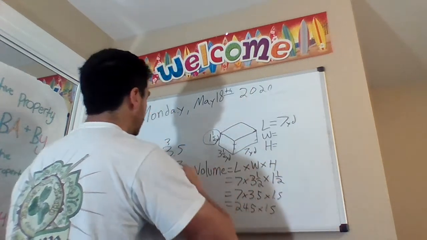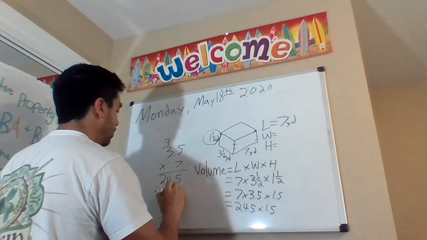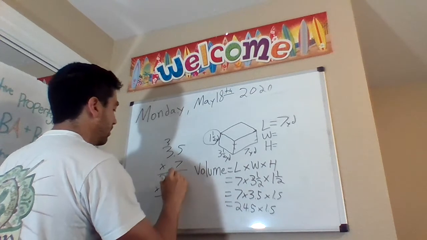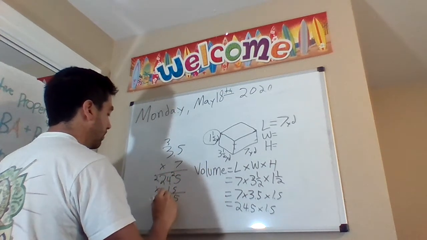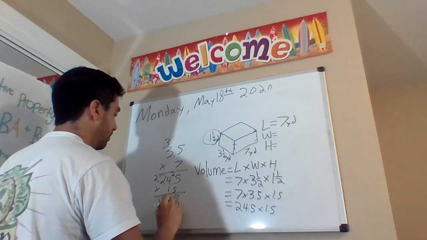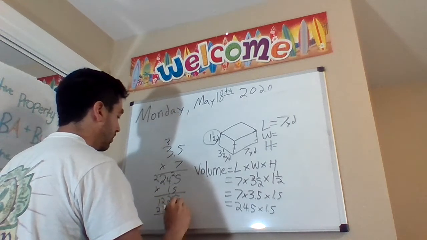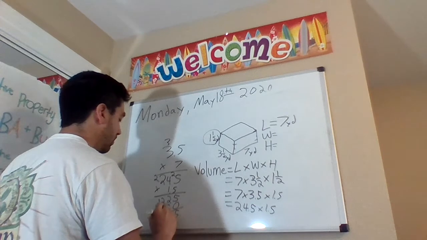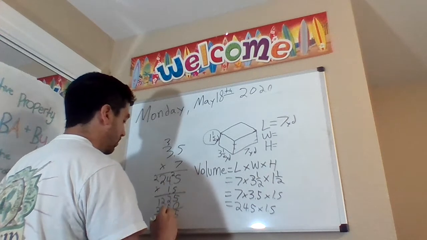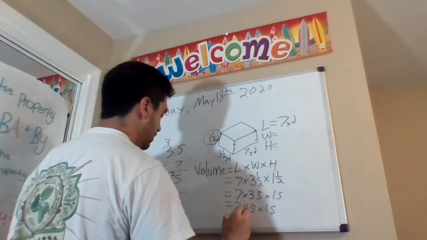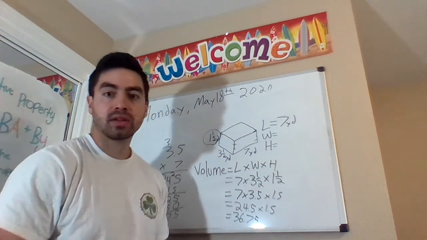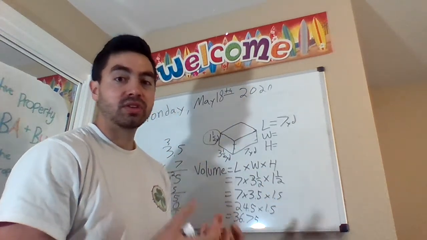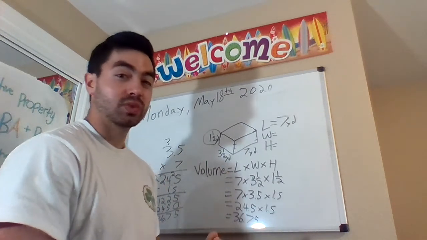So now we're doing 24.5 times 1.5. So our answer here is 36.75. And when we get units, our units here, they're always going to be cubed.